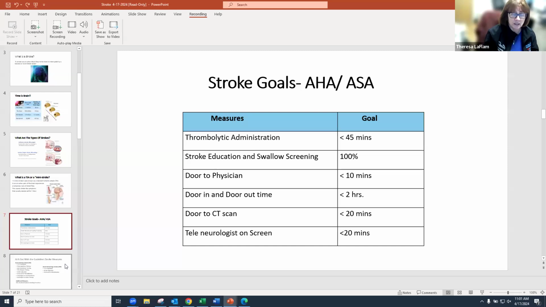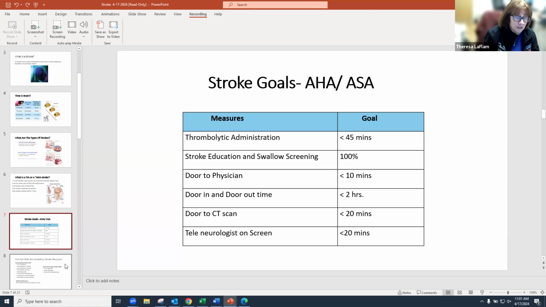They have recommended that we administer this medication, the thrombolytic med, within 45 minutes from the time the patient arrives in the hospital. We call that door to needle, or door to medication. So if the patient arrives at our facility at 12 noon, that means by 12:45, we should have evaluated the patient, had the proper testing done, and administered the med. So our 45-minute goal is very quick from when the patient arrives.